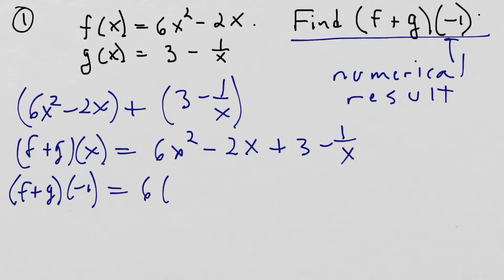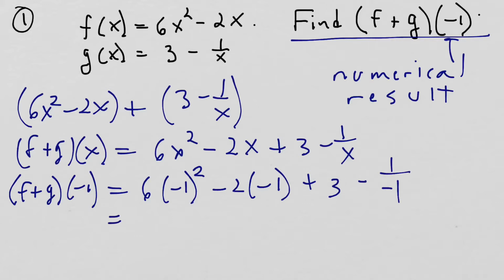So we're going to say 6(−1)² − 2(−1) + 3 − 1/(−1). And that's going to give us a number. So that would be 6 + 2 + 3 + 1, which is 8 plus 3, that's 11, plus 1 is 12. So our answer is 12.